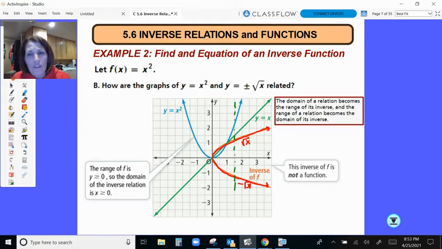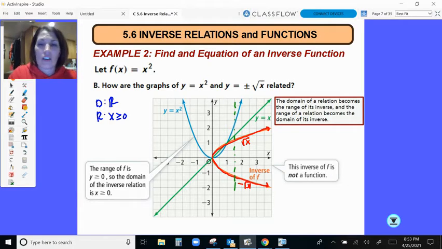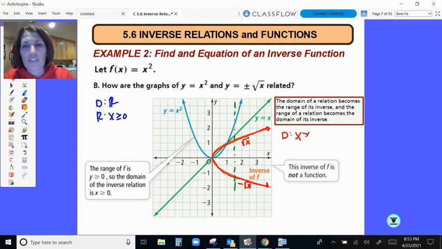So the domain of a relation, by the way, becomes the range of its inverse, and so forth. So if you look at the domain and range of my blue parabola right here, my domain is all real numbers, right? My range is all my x's greater than or equal to 0. Okay, let's take a look at our domain and range over here. My domain over here is going to be all my x's greater than or equal to 0, and my range, which goes up and down, is all real numbers.